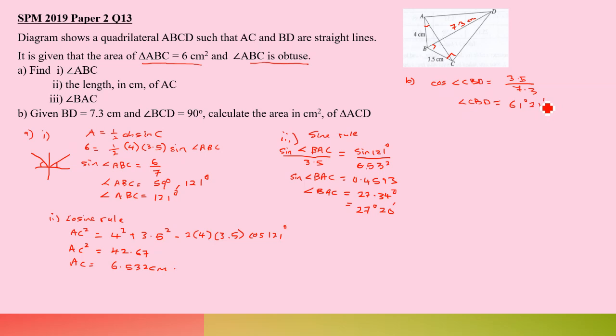So you have found this angle. And we know the angle B here, the total is 121 from part A. So we want to find the angle ABD. Why am I doing this? I'll show you the reason. I'm finding ABD so that I can find the area of this whole thing. The area of this thing, we already have the angle here, we can find.